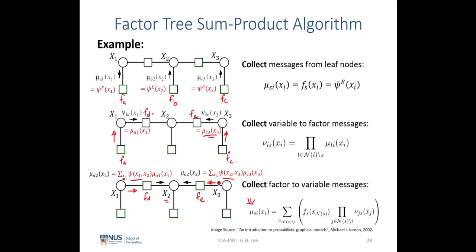So we have to marginalize the product of these two terms over x3, and this would be the message that we pass from the factor node fe into the random variable node x2.